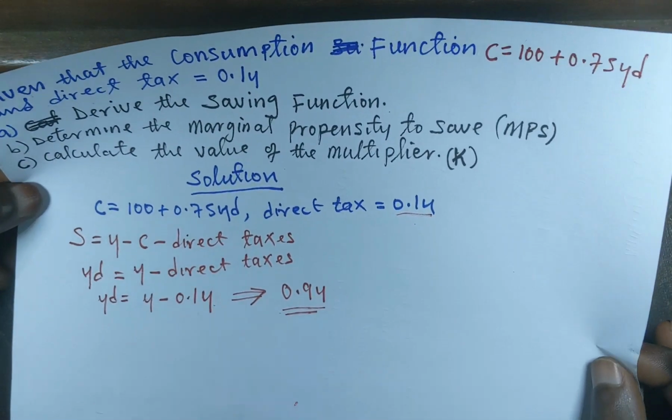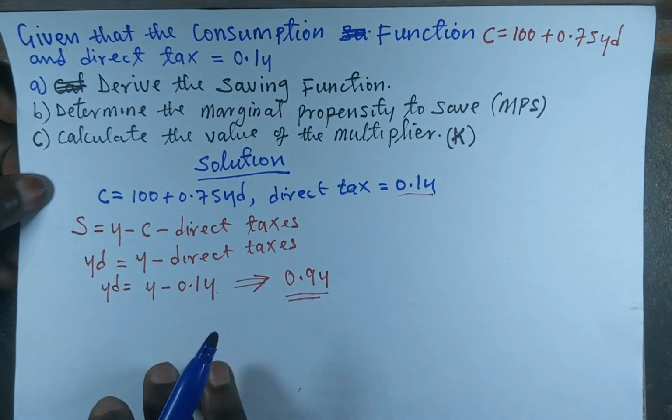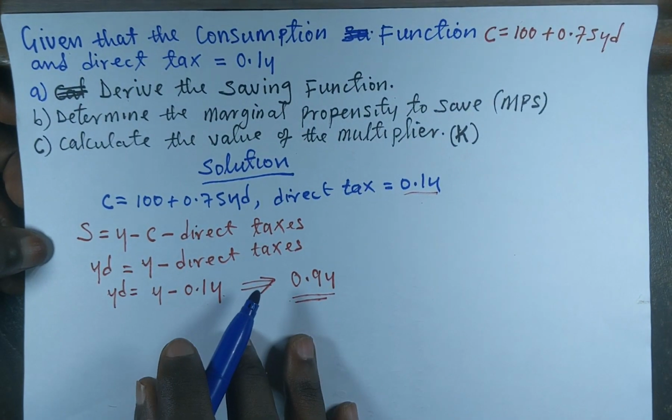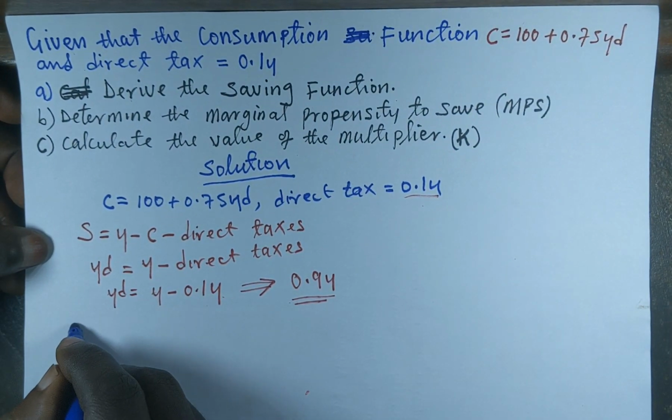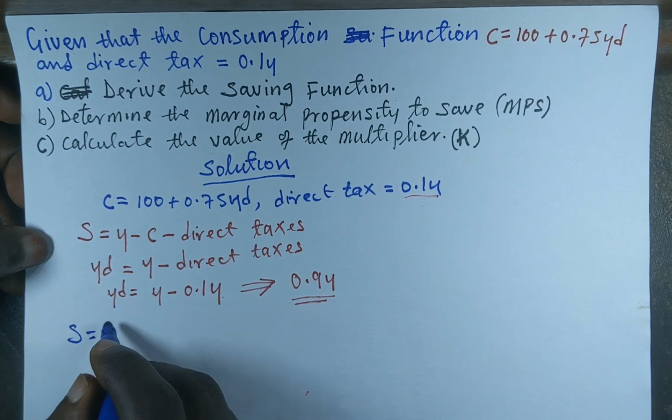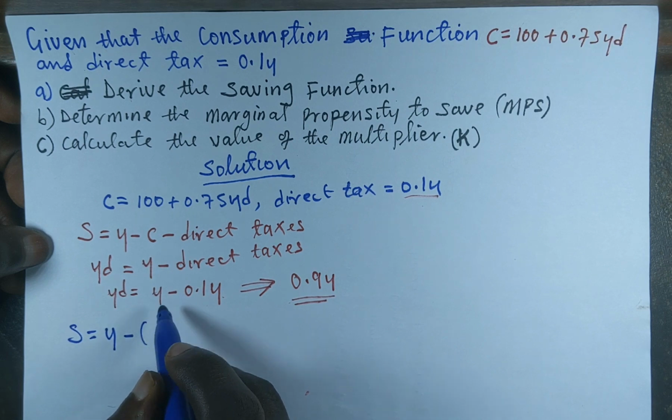Now that we have the value for disposable income, let's substitute in the saving function. S is equal to Y minus the consumption function.